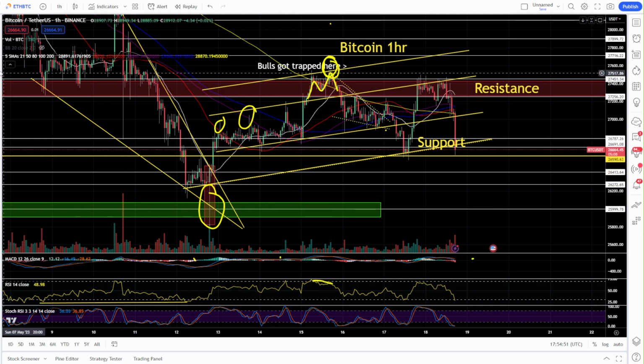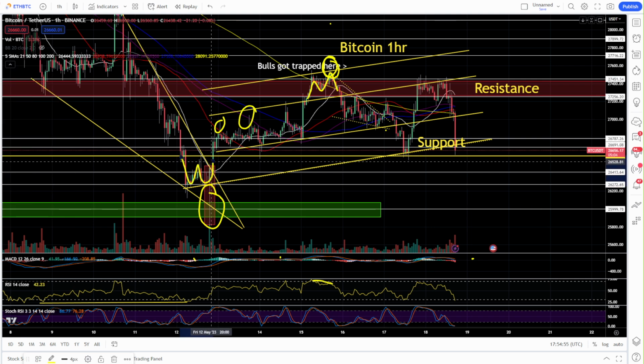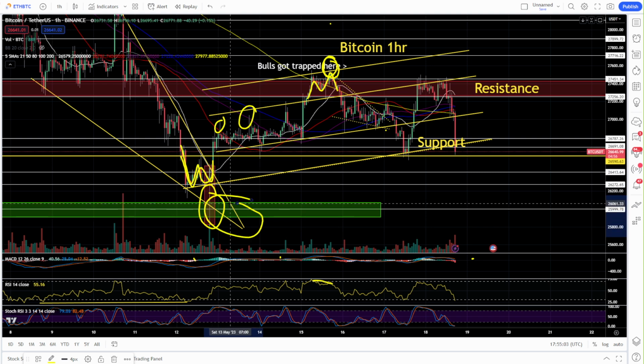And then you add, you've got a double bottom. So what you want to look for on these falling wedges is a double bottom near the apex or a higher low near the apex. Bullish divergence right here.